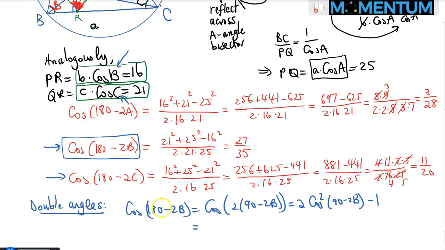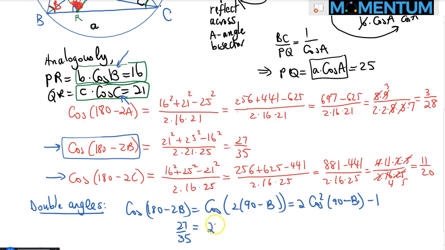And well, the left hand side is apparently equal to 27/35, and on the right hand side we have 2 times cosine square of 90 minus b. Sorry, this one is supposed to be just b, 90 minus b here. Okay, so there you go, cosine 90 minus b, which is just sine b.